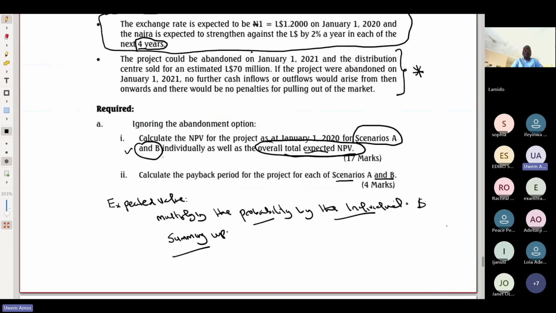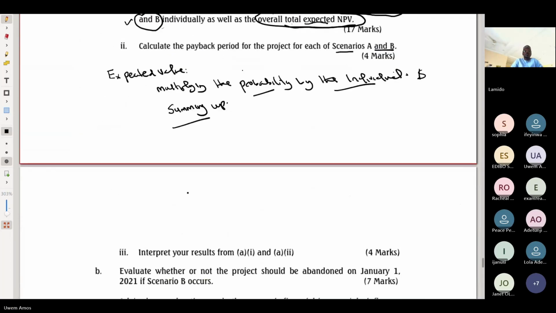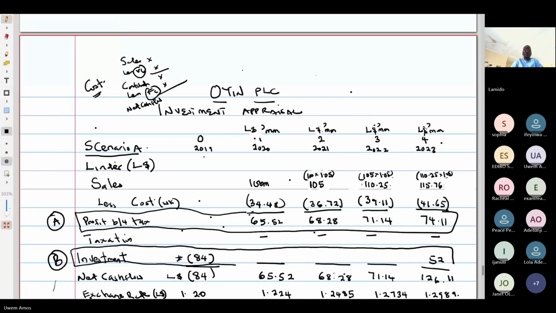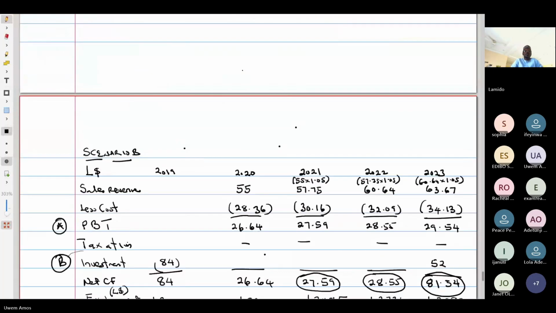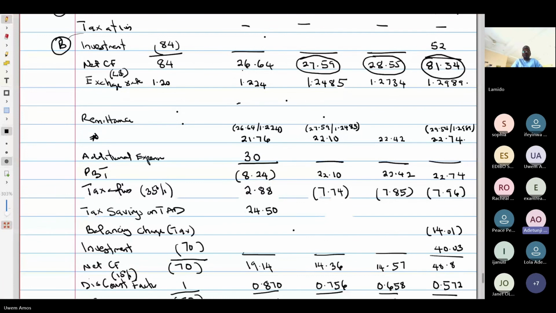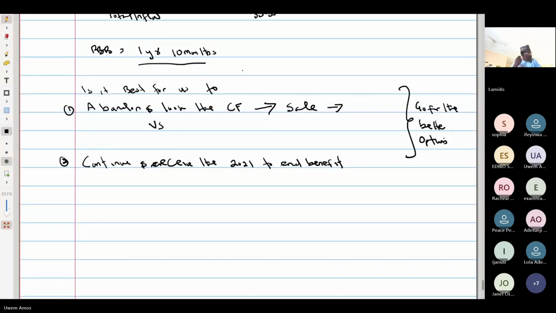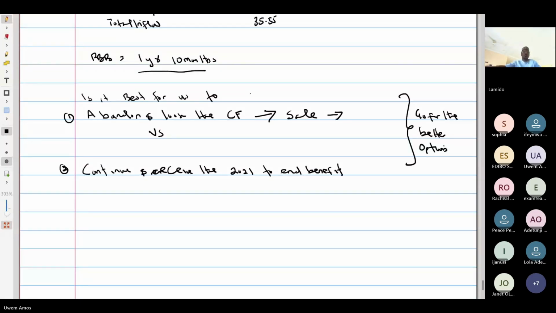We can sell the asset for 70 million Nigerian dollar. We can sell it for 70 million Nigerian dollar.